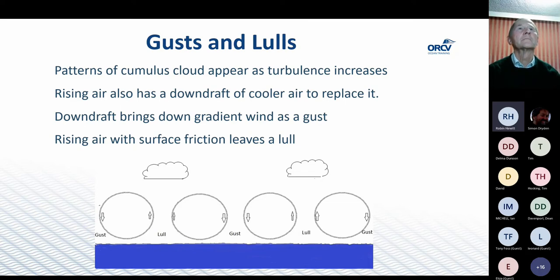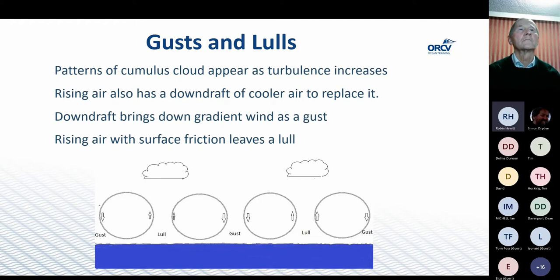When you have cumulus clouds in particular moving through the atmosphere, the cloud is formed because there's a column of warm air rising under the cloud, which has lifted the cloud to condensation point, and the condensation point we see as a cloud.